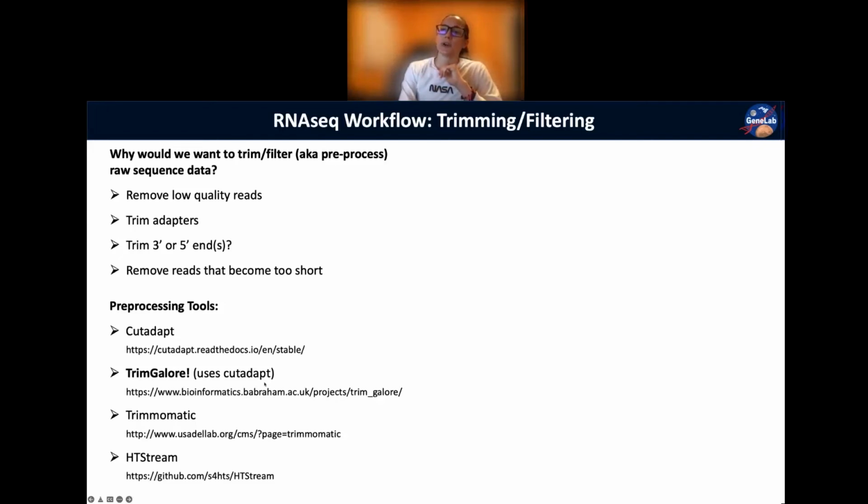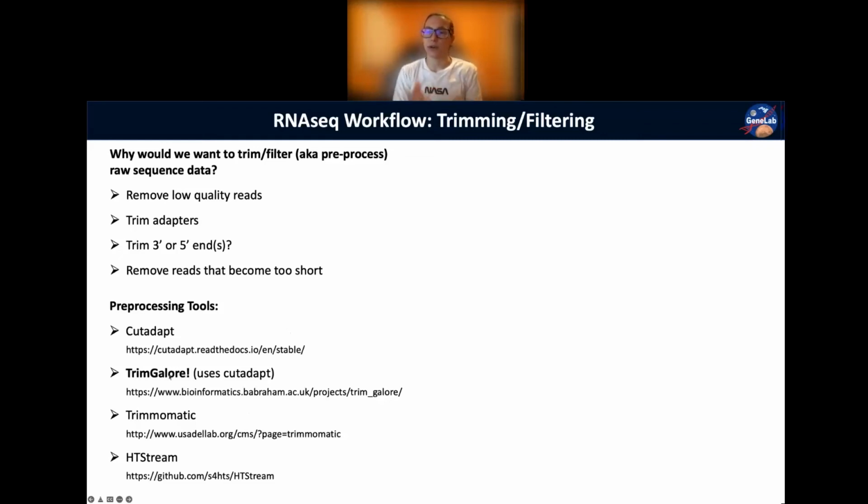We use Trim Galore. All of these tools work pretty similarly, so you're not going to have too much difference if you trim with Cutadapt versus Trimmomatic, so long as you use the same settings for your quality trim and identify the same adapters. You can pretty much use any of them. We use Trim Galore because it's a wrapper, so it has a bit more functionality.